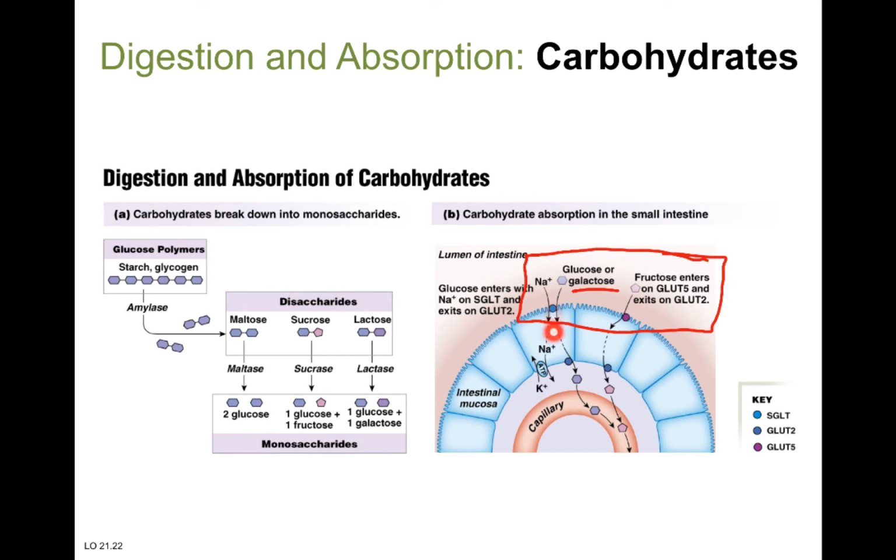Once they're inside the enterocytes, then they are transported into the bloodstream. The other carbohydrate, fructose, also enters the enterocytes, but on a different transport mechanism. It enters the apical membrane on the GLUT5 transporter, and exits via GLUT2.